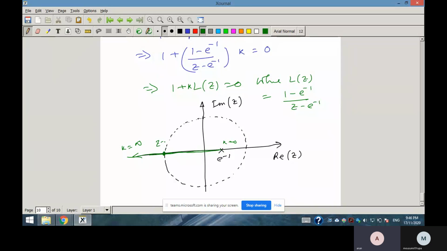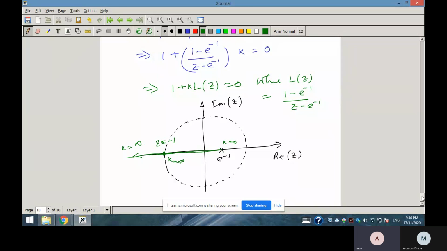Here z equal to minus 1. So that means you have to find the value of K. So this will be the value of K max for stability.